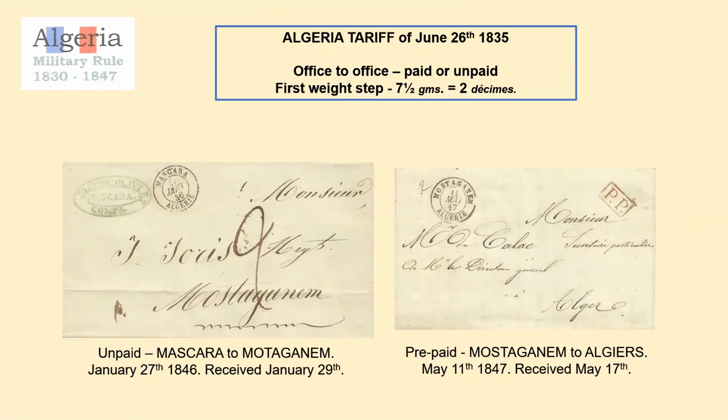The office to office rate, the first Algerian tariff in its own right, 1835. The office to office rate is 2 décimes, prepaid or unpaid.